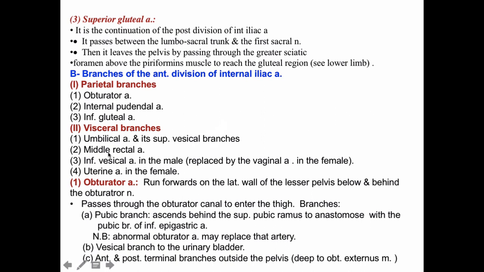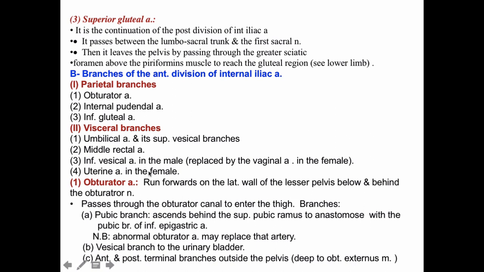Second branch, middle rectal. Branch number 1 and branch number 2 are present in male and female. Branch number 3 in the male is the inferior vesical, but in the female it is replaced by the vaginal artery. Remember, there is no inferior vesical artery in the female; it is in the male only.